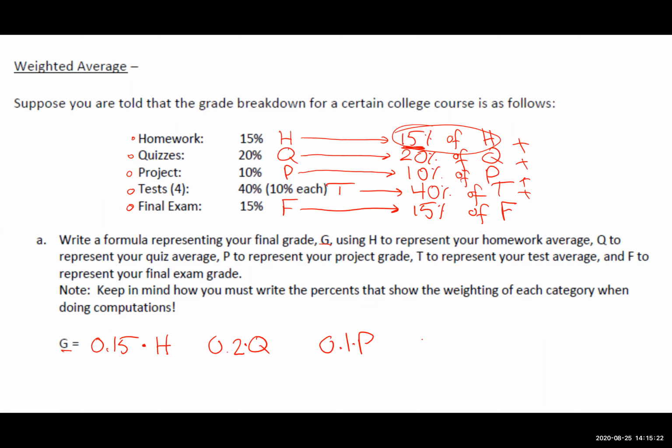I'm going to need 40% of my tests. I don't need the 0. That's kind of silly now. And then I need 15% of my final exam. And then what I'm going to do is add all of those together.